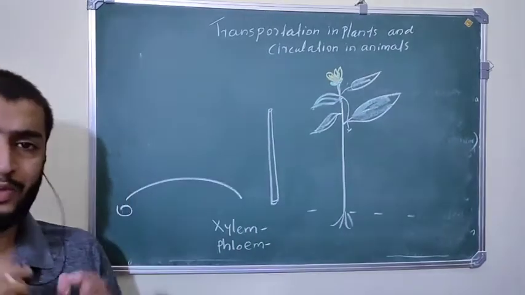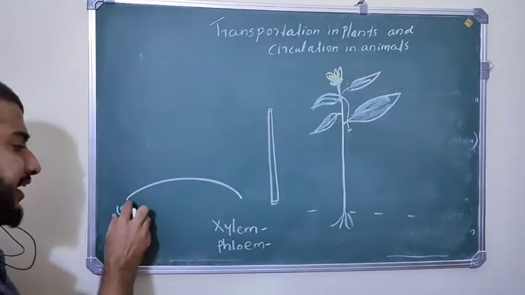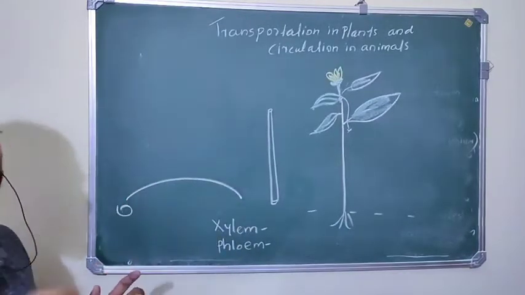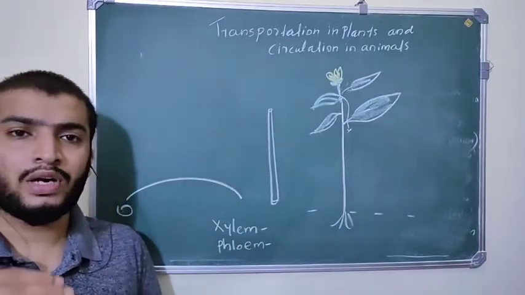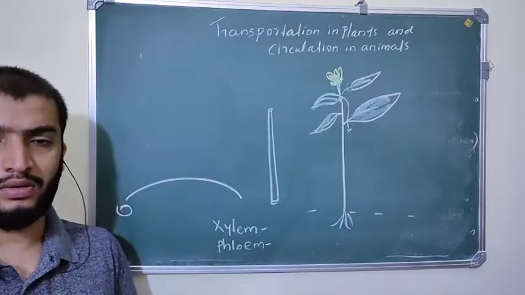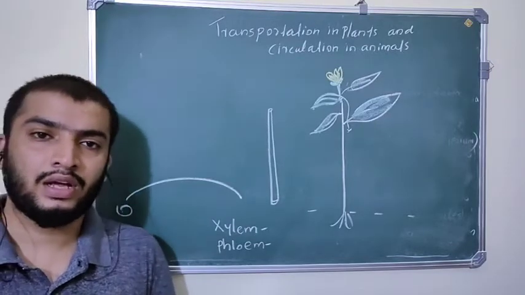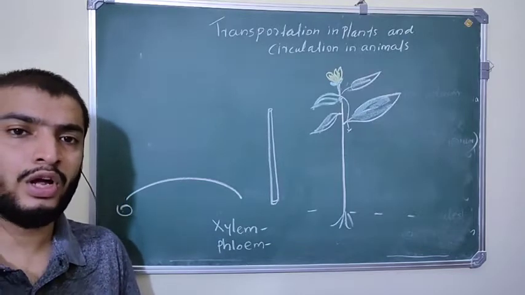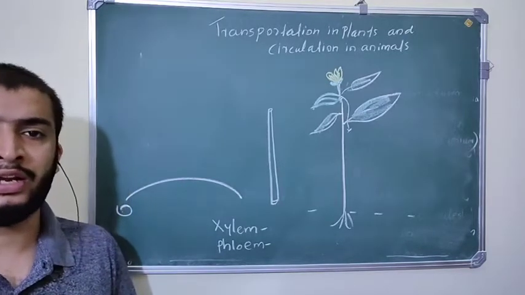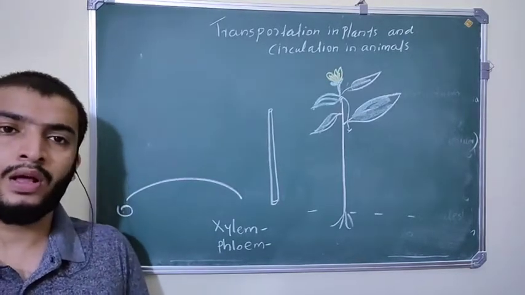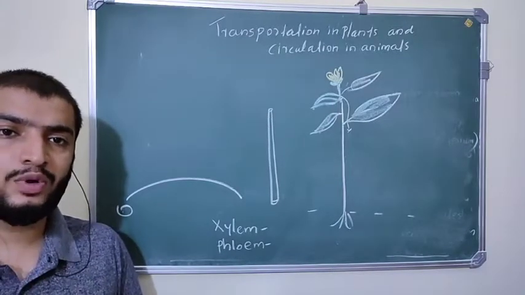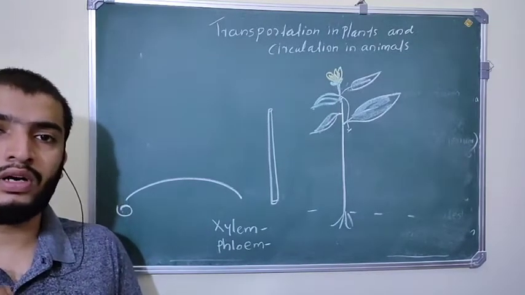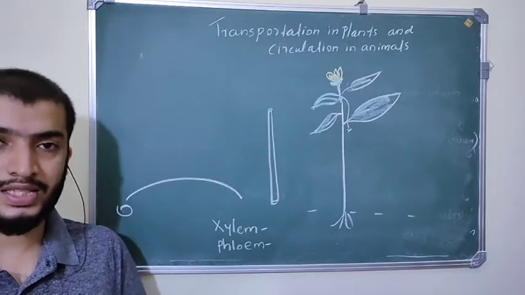Transport means carrying anything from one place to another. In the case of multicellular organisms, for example animals, animals also show transportation. They also need oxygen and nutrients. The transportation in animals occurs with the help of the circulatory system.